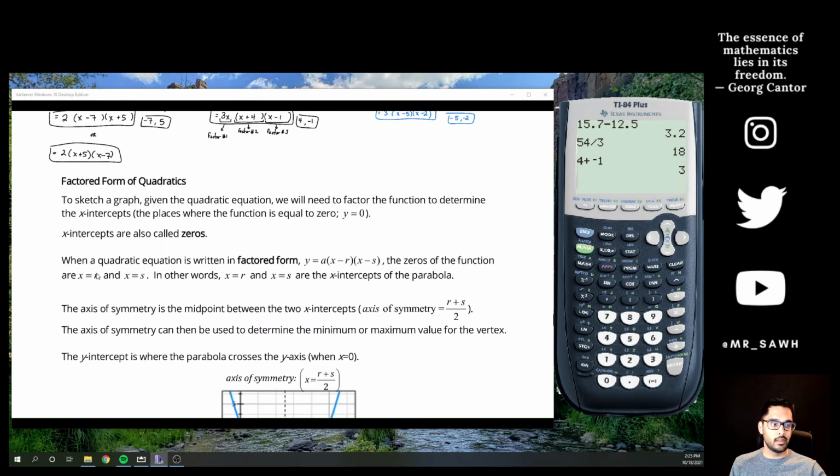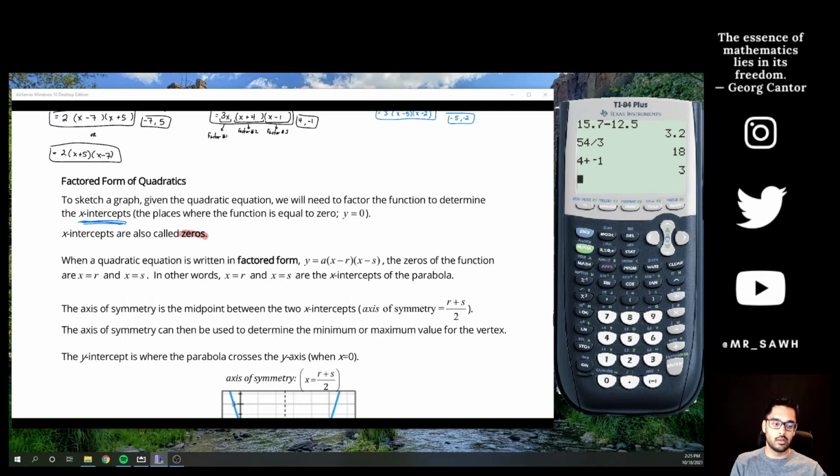Now, to sketch the graph of this, we need to factor it to determine the x-intercepts. If I have it in a factored format, I can find the x-intercepts pretty quickly. Another word you'll see thrown around quite a bit is zeros.